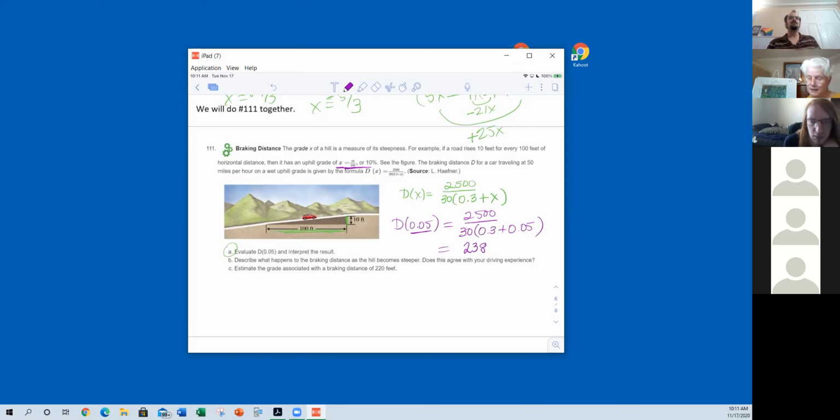Right. So when the grade is 5%, what's the stopping distance? Because remember, this formula figures out stopping distance for us. 238 feet. Right.